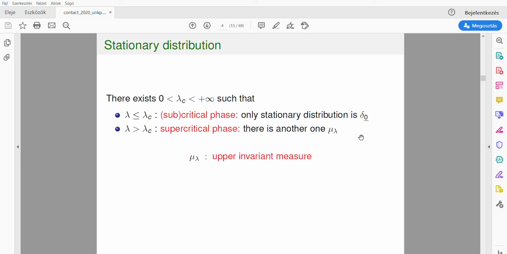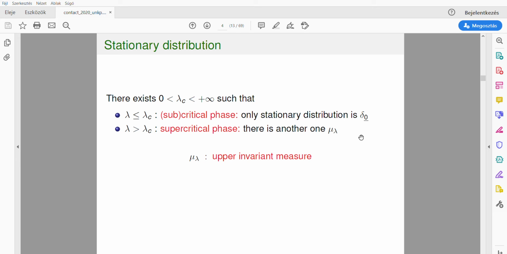The density of infected sites is going to go to 0 as t goes to infinity, and therefore the upper invariant measure in the subcritical phase is just equal to the trivial state where everyone is healthy.